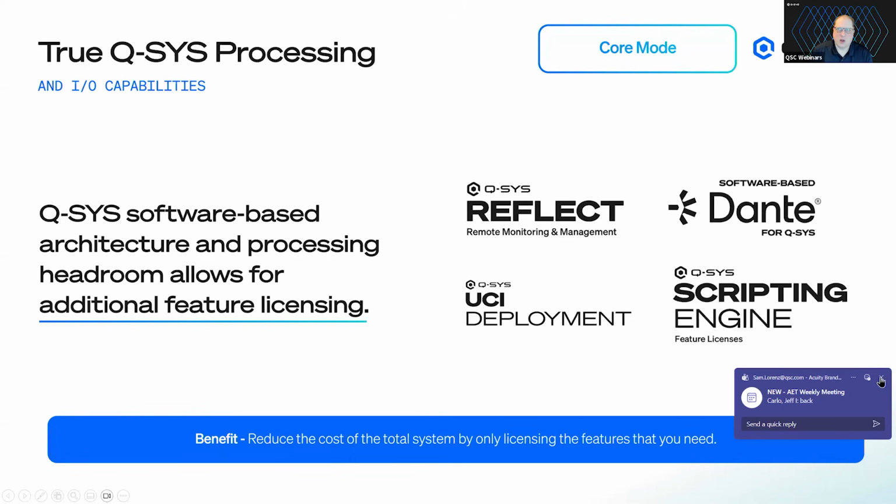A lot of times we need that bandwidth for DisplayPort alternate mode, and that restricts us to a 6 foot cable. That 6 foot cable then restricts the end user from being able to maybe put a table next to a wall plate or something like that. So unfortunately you're not going to see that from Q-SYS. There may be some other products coming along that might fill a similar niche, but wall plate specific, not so much.